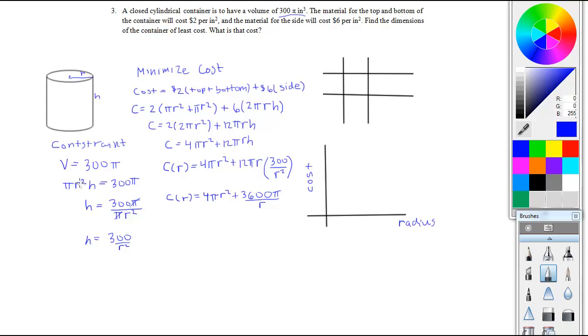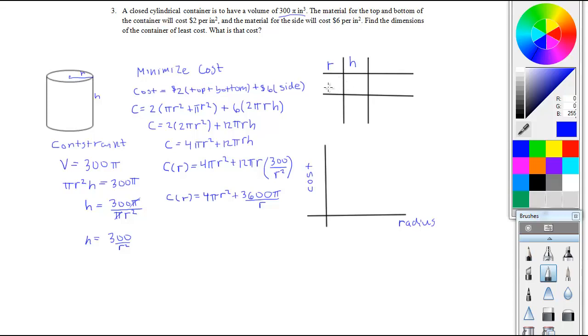It could be, say, 5. 5 squared is 25, and 25 goes into 300 12 times. So that would be reasonable. So anyway, that gives you some idea. You need 3 numbers that multiply to 300, and that gives you some idea of what your r should be.